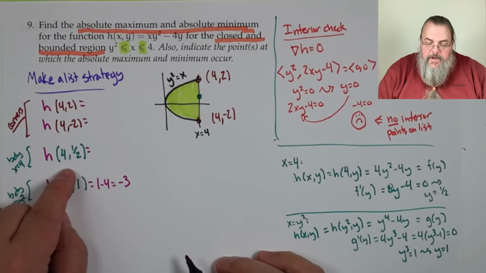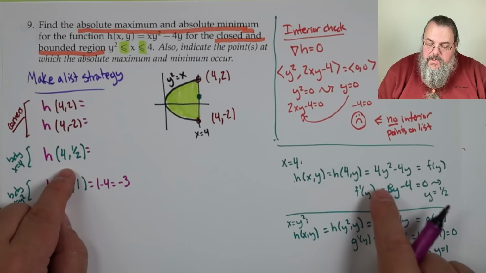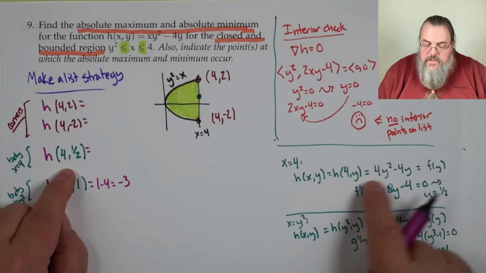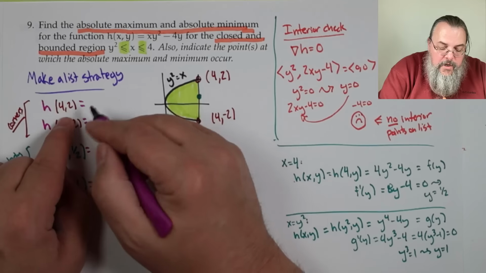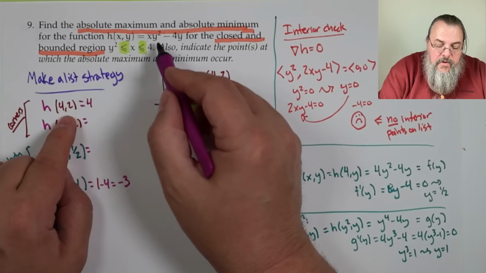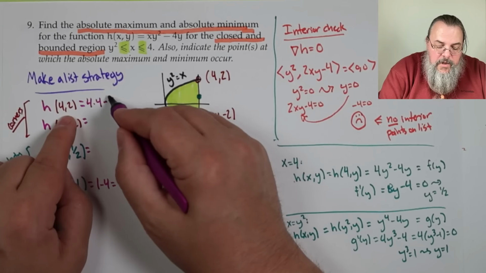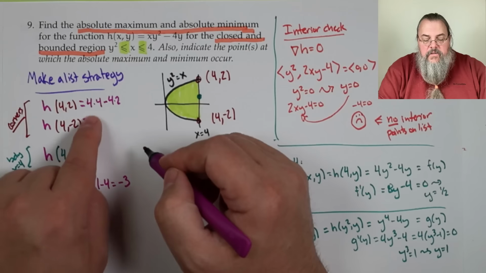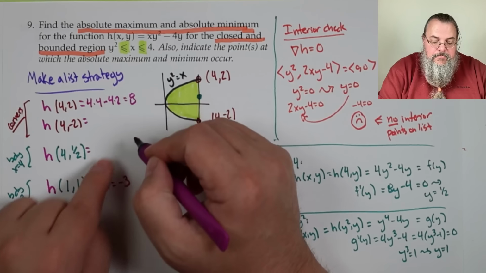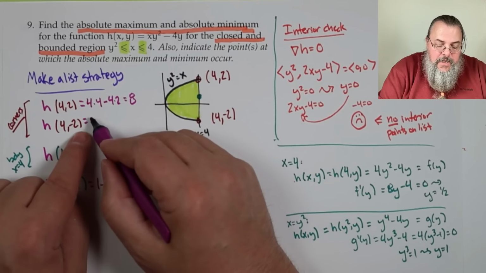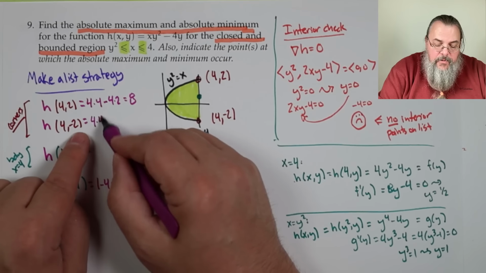Okay, well, what about the 4s? Now, in some sense, we can, of course, use just this expression, but it shouldn't be too bad. So we get 4 times 2 squared, which is 4, minus 4 times 2. So that's 16 minus 8 makes 8. Here, we're going to get 4 times minus 2 squared, so that's still 4 times 4.